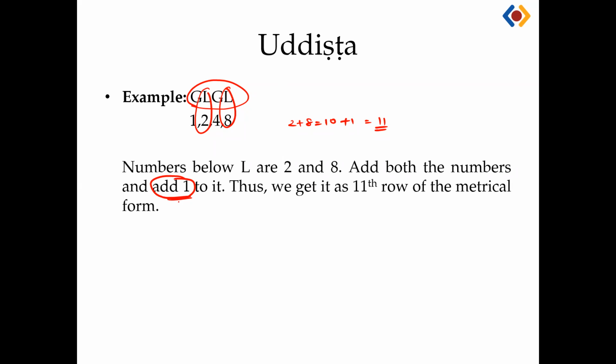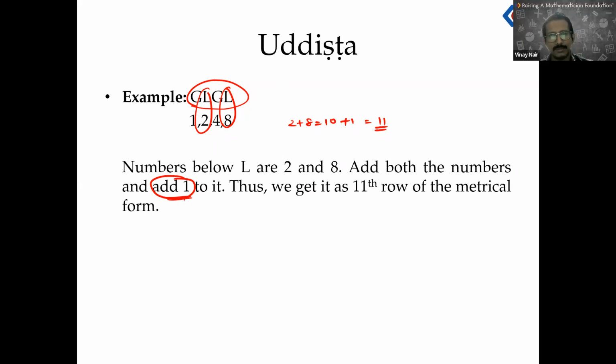No. Add 1 is a blanket rule. It's a compulsory rule. Why we should do that is something that you will realize when you know why this is working. Oh, that is why we add 1. You will get that aha moment once you are able to see why it works.